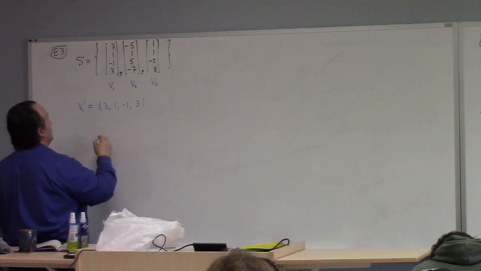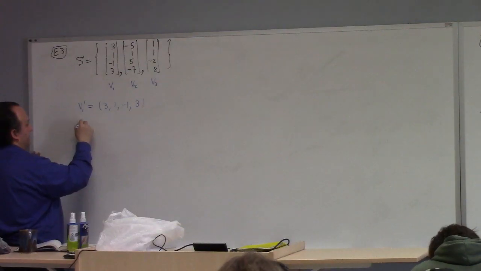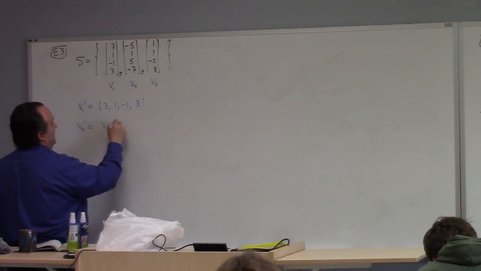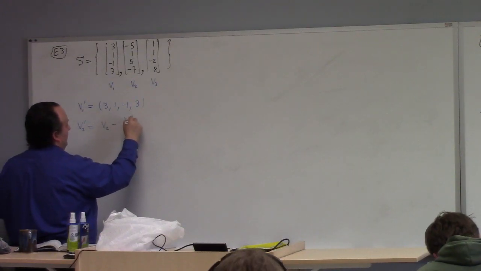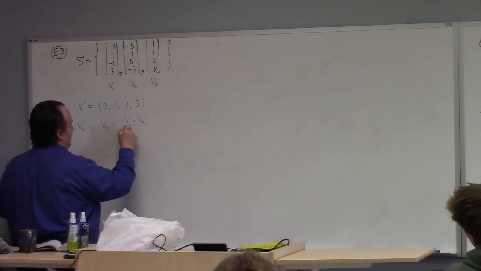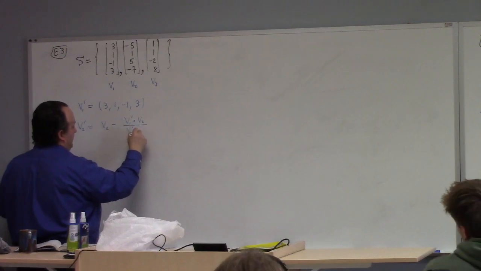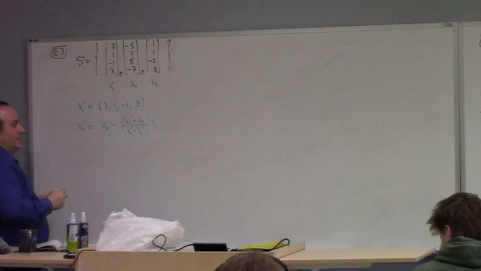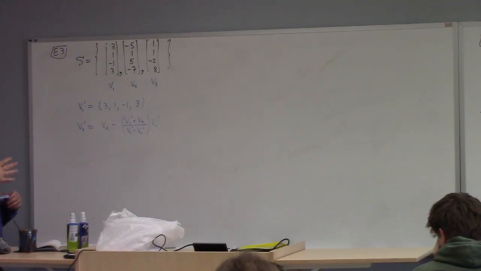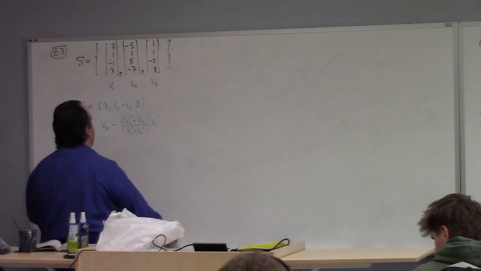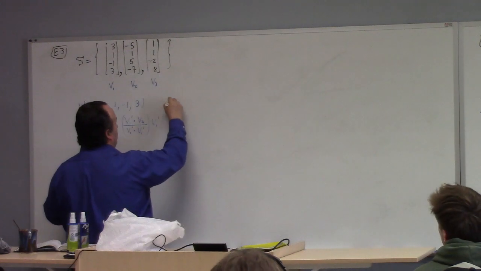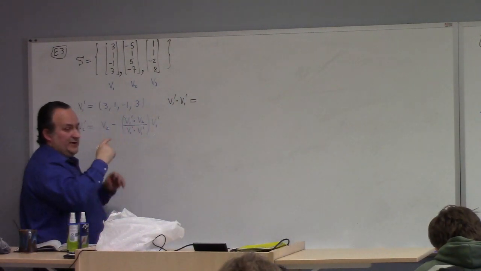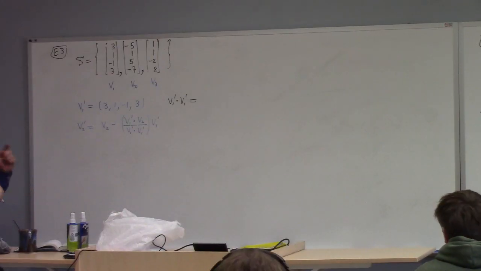Now V2 prime is, I'm going to write it symbolically, V2 minus (V1 prime dot V2 divided by V1 prime dot V1 prime) times V1 prime, right? I think if you look at this algorithm, it's worth our time to carefully calculate V1 prime dot V1 prime once, since we're going to need that number later anyway. What is V1 prime dot V1 prime?